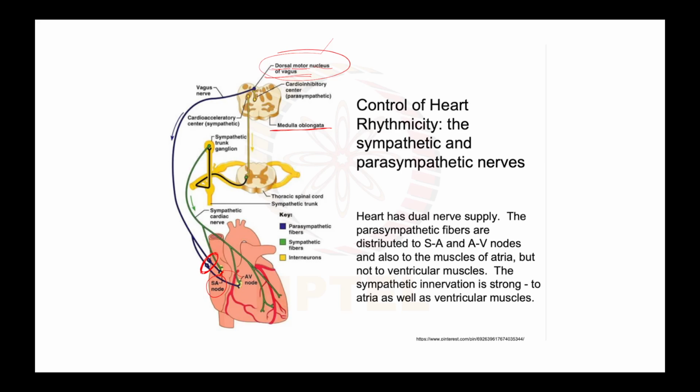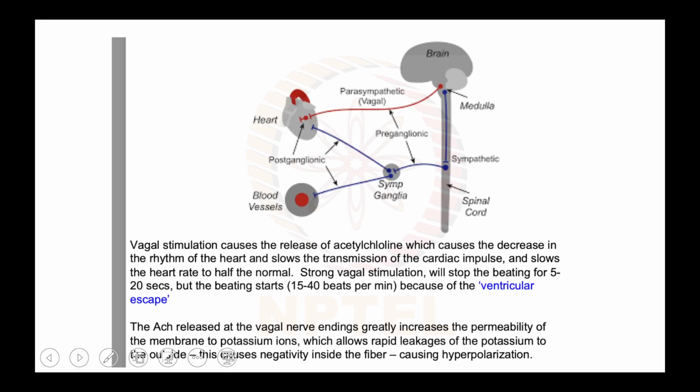Before the ganglion, the type of nerve we have, we call a preganglionic fiber, and after the ganglion, the nerve we call a postganglionic fiber, which is referred to here.